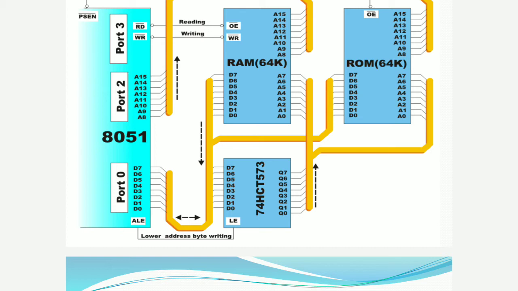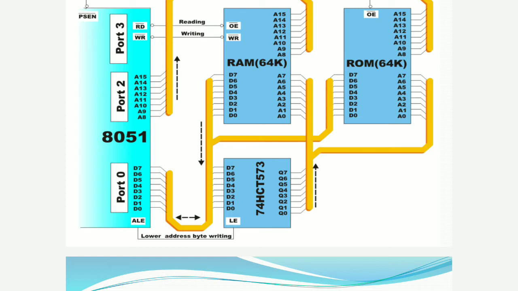Similarly, in case of the latch IC also, if we want to access the output, that is Q0 to Q7 from the latch IC, we have to make OE bar of the latch IC activated. So it is necessary to again apply 0-volt to the OE bar signal of the latch IC. After that we are able to access the address lines as the output generated by the latch IC.